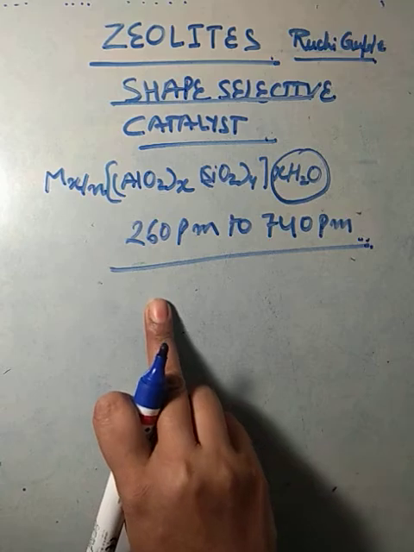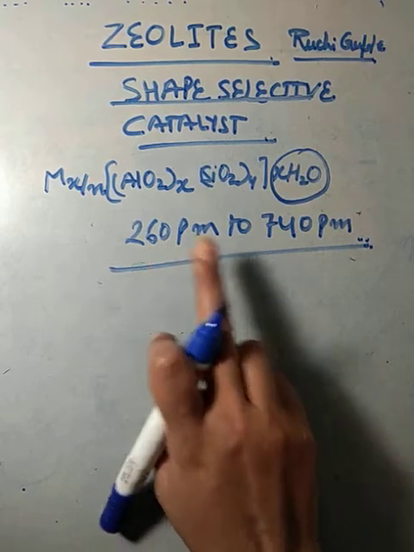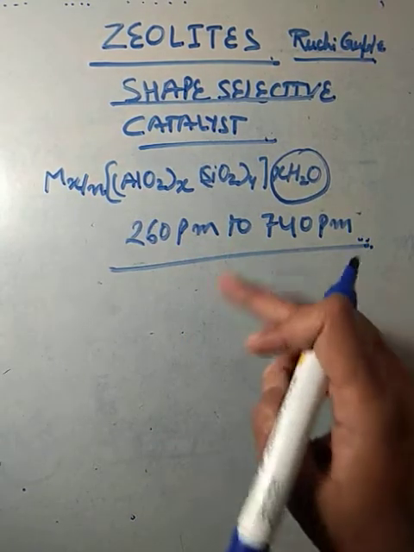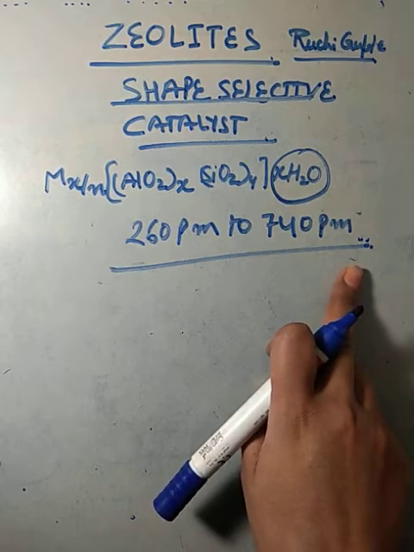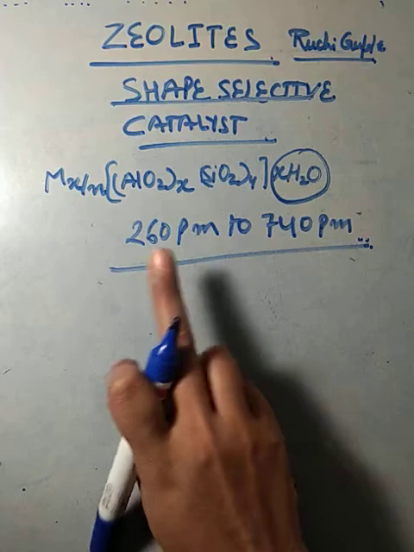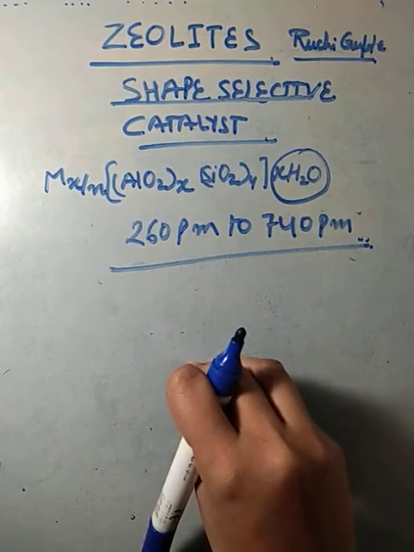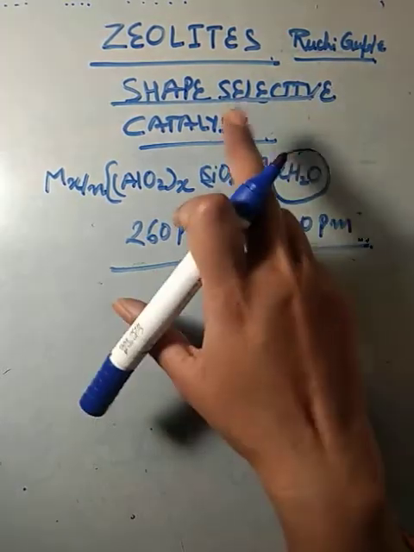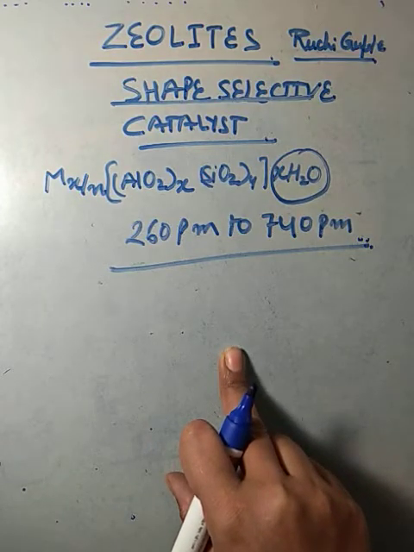Now, the particular substances which are in the range of 260 pm to 750 pm, on those substances zeolite can work as a catalyst, but for larger or smaller size substrates zeolite cannot work. As zeolite works on the basis of the size and the shape of the substrate, that's why it is called a shape selective catalyst. Zeolites are used in the petrol industry.